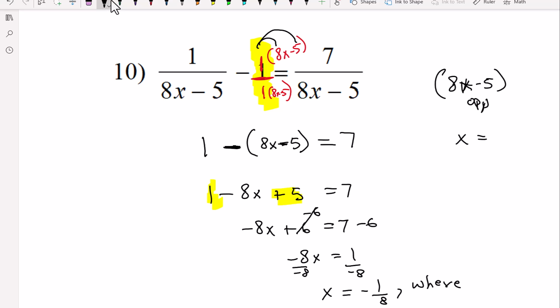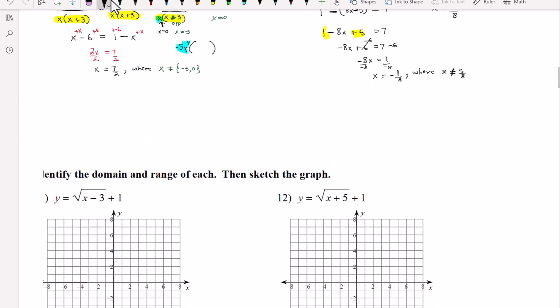So the opposite of negative 5 is positive 5. The inverse of multiplying by 8 is dividing by 8. So where x cannot equal 5/8. It does equal negative 1/8, but even if there were other things going on, if 8x subtract 5 is the denominator, 5/8 is the only place where x can't be. All right, that's it for this one.